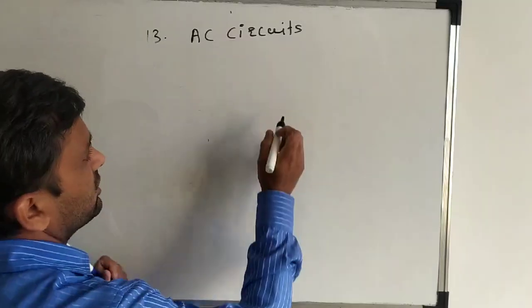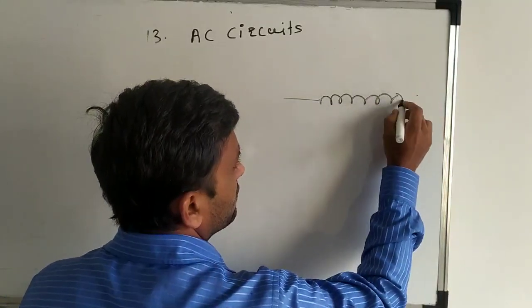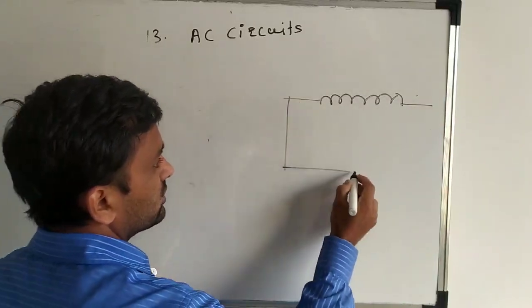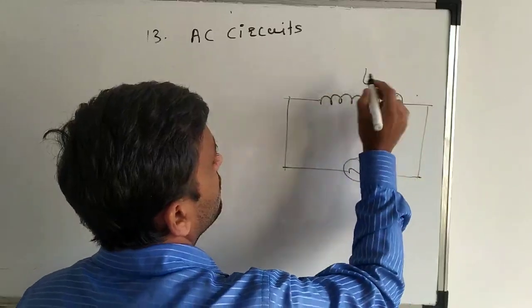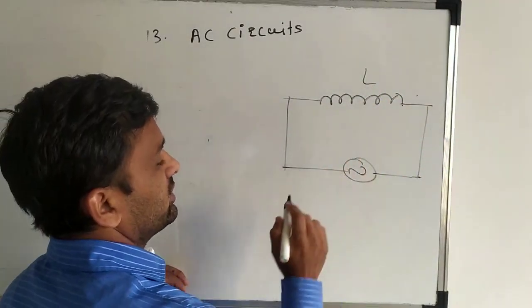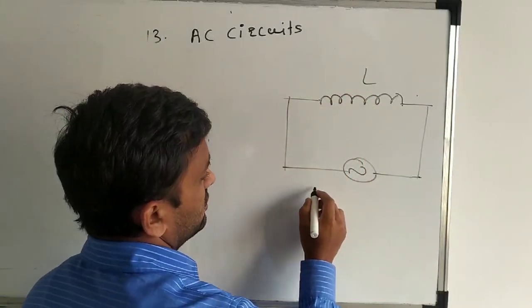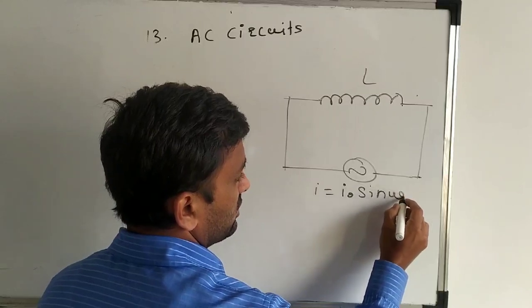A pure inductor coil, you already know what an inductor coil is. We can connect the inductor coil to the AC. Then the value of current here is I naught sine omega t.